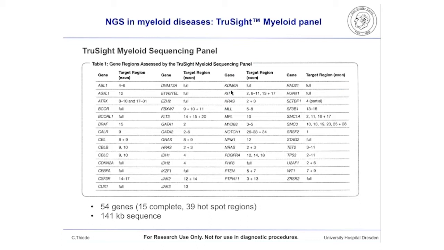In total, this assay involves 141 kilobase pairs of sequence, which can be amplified in parallel and then analyzed. We have used this on more than 1,200 patients with AML in different questions and different research projects, and are also starting to use this in the diagnostic field.